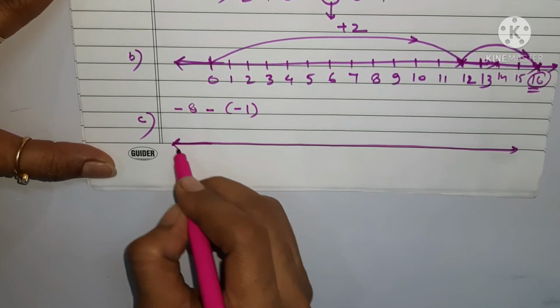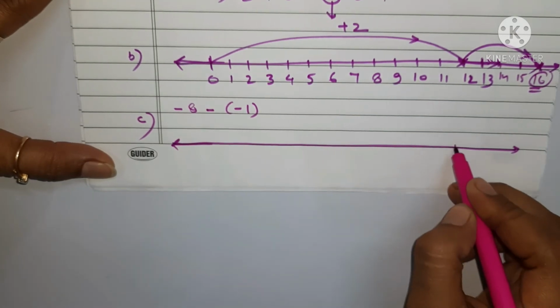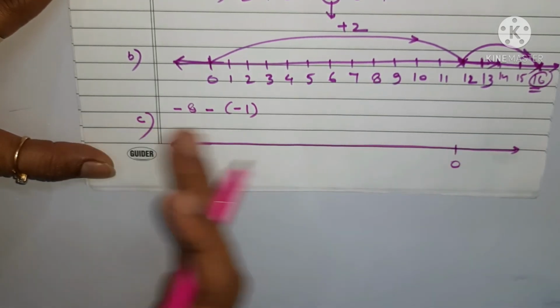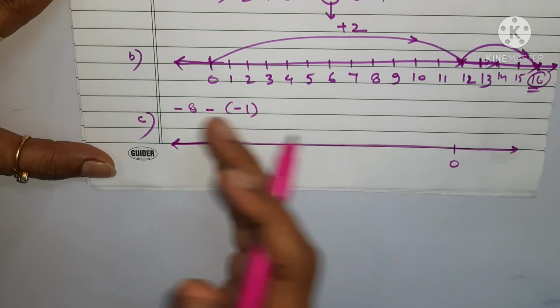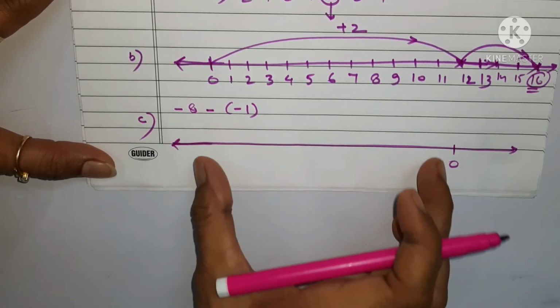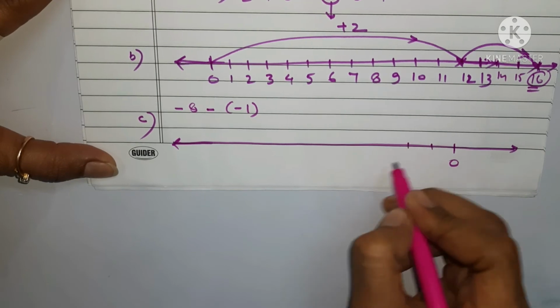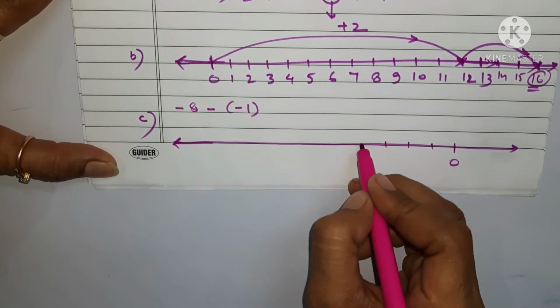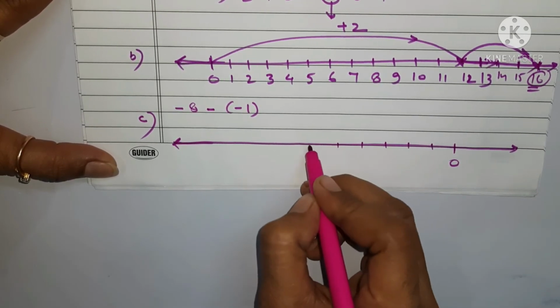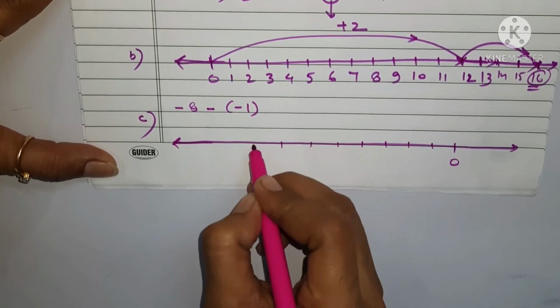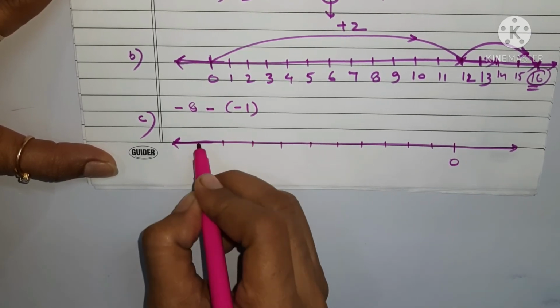Since it is minus 8, we'll take 0 here, so that our portion of negative numbers will have more space. So this is 1, 2, 3, 4, 5, 6, 7, 8, 9, 10.